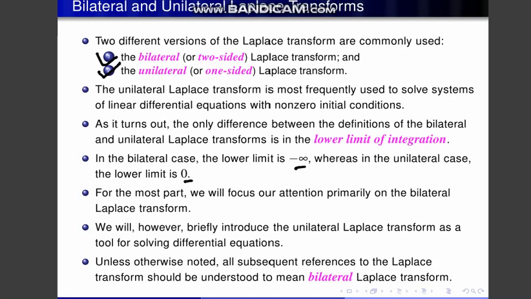We will, however, briefly introduce the unilateral Laplace transform as a tool for solving differential equations. That means whenever we solve differential equations, we will call back the unilateral Laplace transform, where the limit will be 0 to plus infinity. Unless otherwise noted, all subsequent references to the Laplace transform should be understood to mean the bilateral Laplace transform.